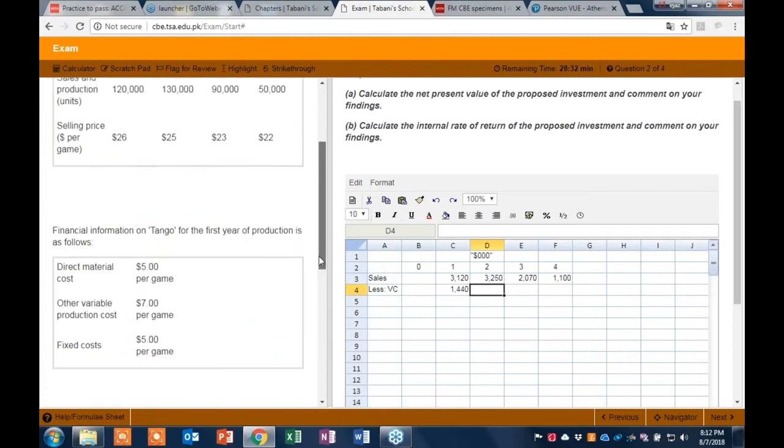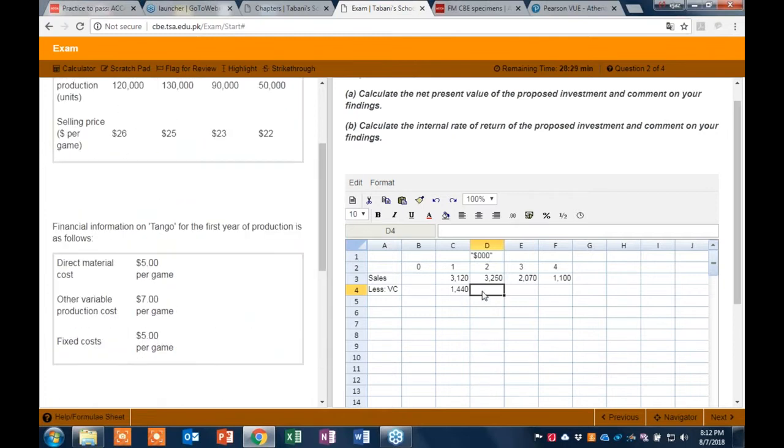Okay, no. So it will stay the same. That is 12. But the sales volume will be different for every year. So 130 in the second year multiplied with 12, then 90 multiplied by 12, then 50 multiplied by 12. And since it's a cost, it should be negative. I always forget to place the negative minus sign.